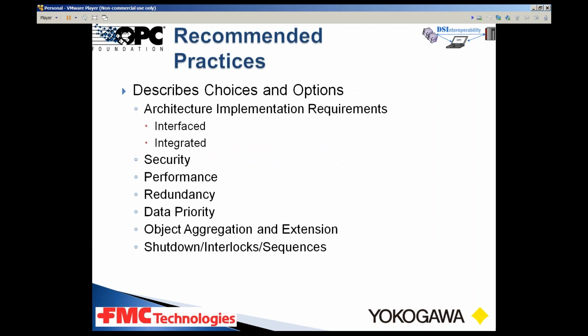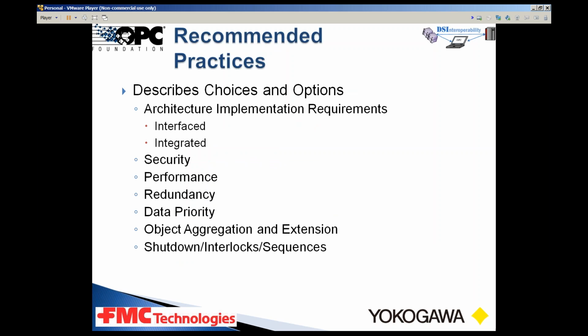So we talked about the fact that not everything is always exactly the same. So there's the two architectures: the integrated and the interfaced architectures. These make some variances on the models. And there's a recommended practice document that's being generated.